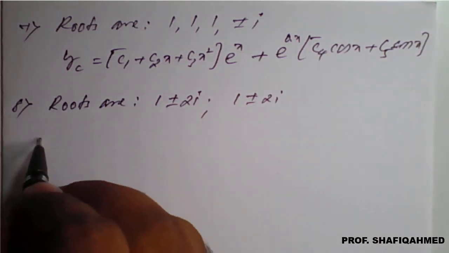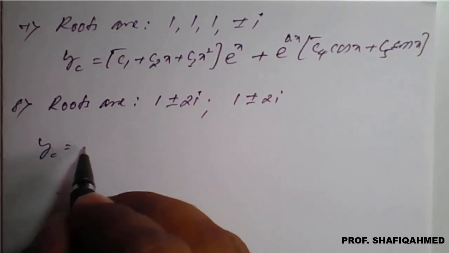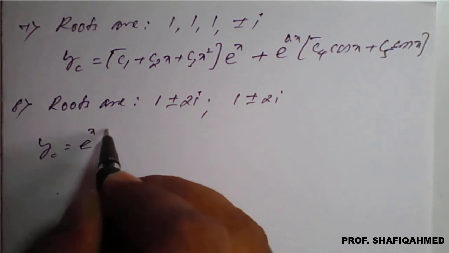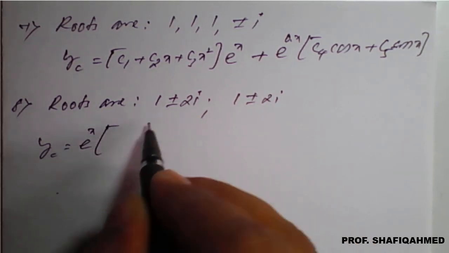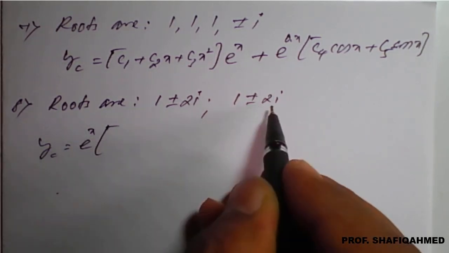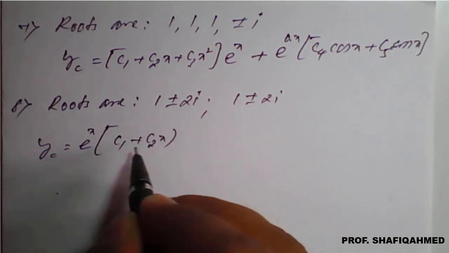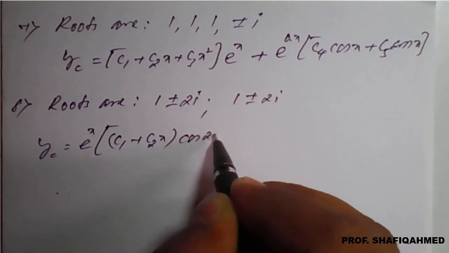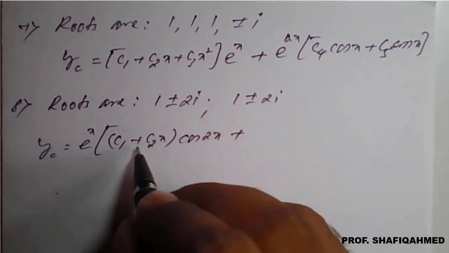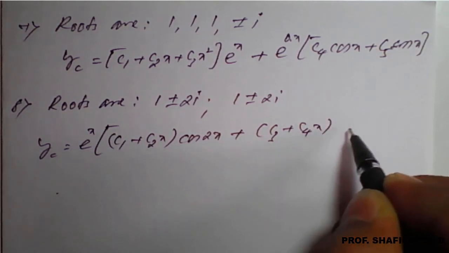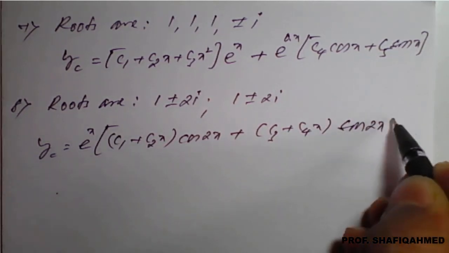At that time the complementary function will be, since the real part is the same, e raised to 1 into x, that is e raised to x. Then the imaginary part is also repeating, therefore (c1 plus c2x) of cos of 2x plus (c3 plus c4x) of sine of 2x.